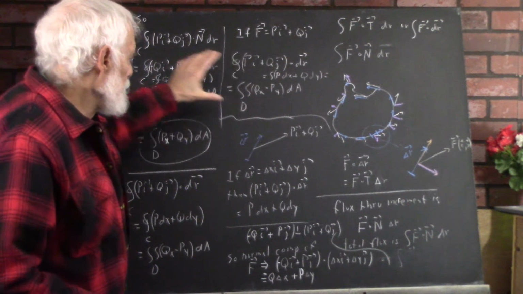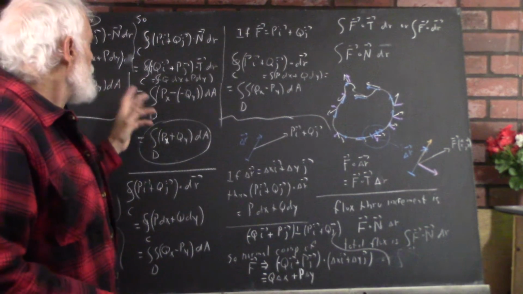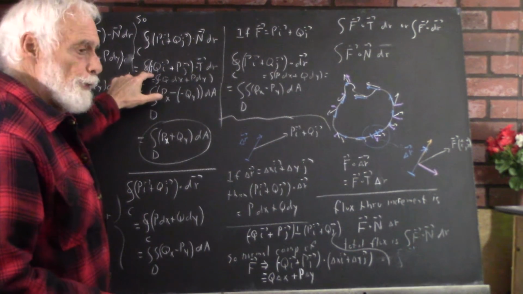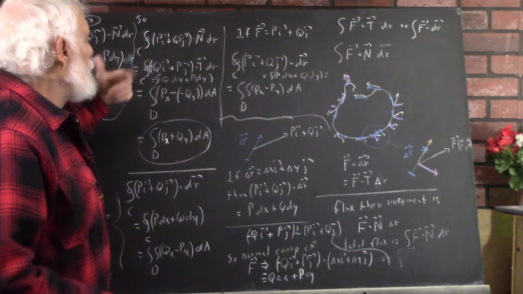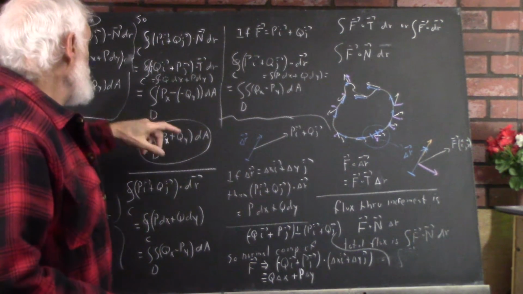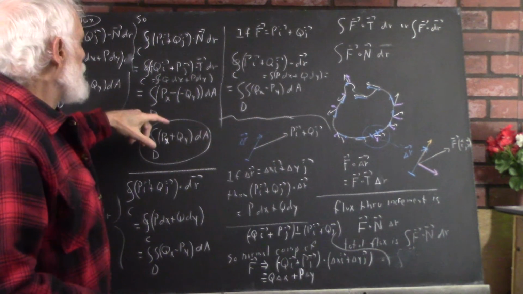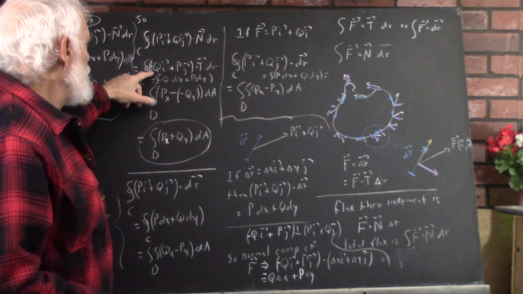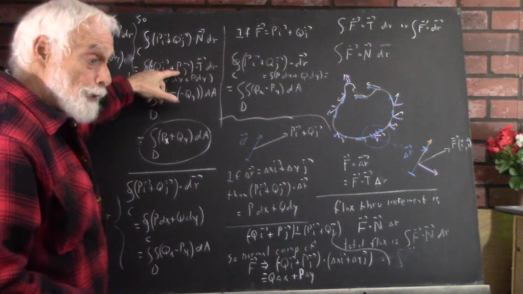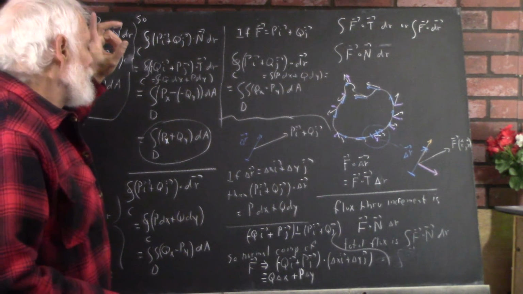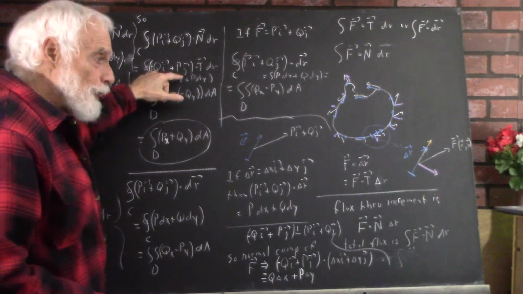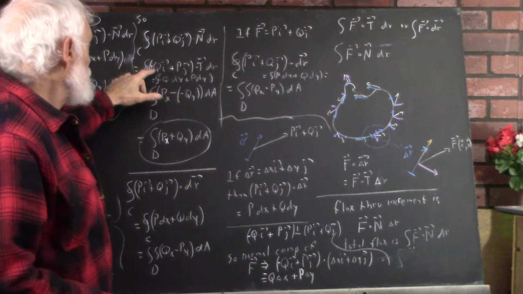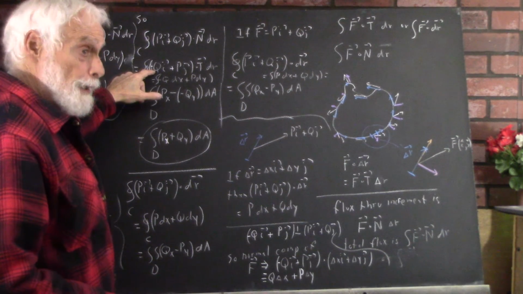Just by switching the P and the Q and making the Q negative, then you know from Green's theorem that it's going to be the x derivative of the j component minus the y derivative of the i component.